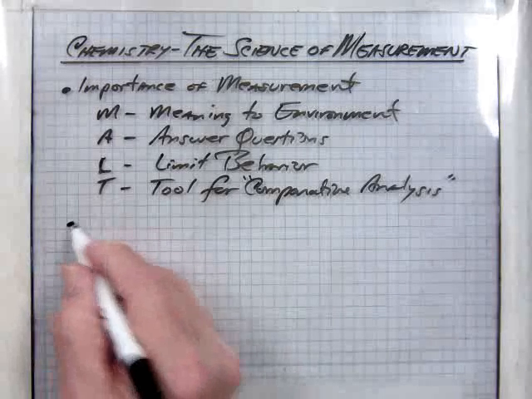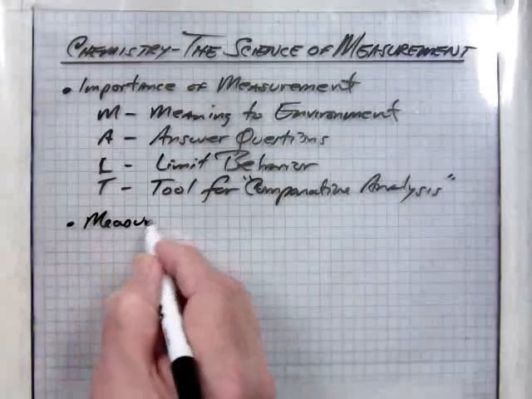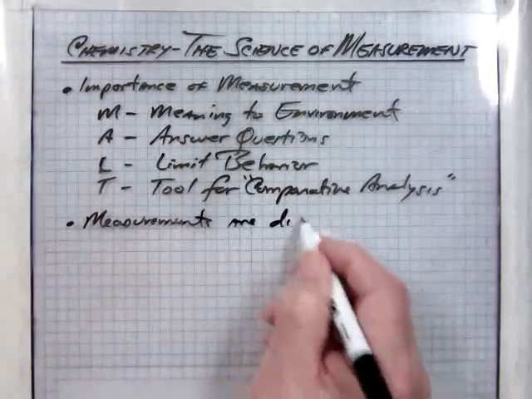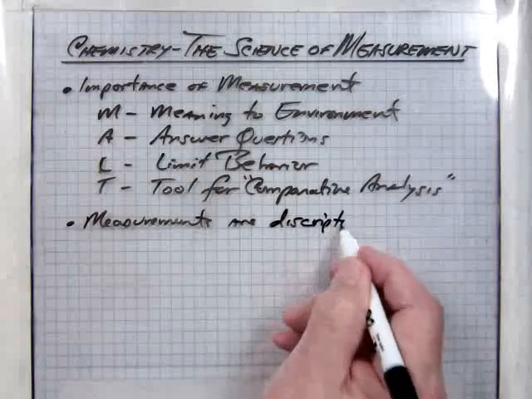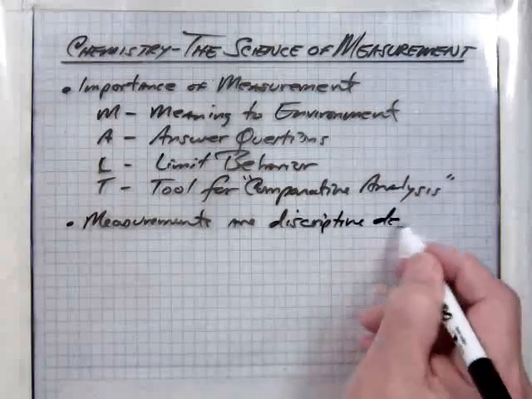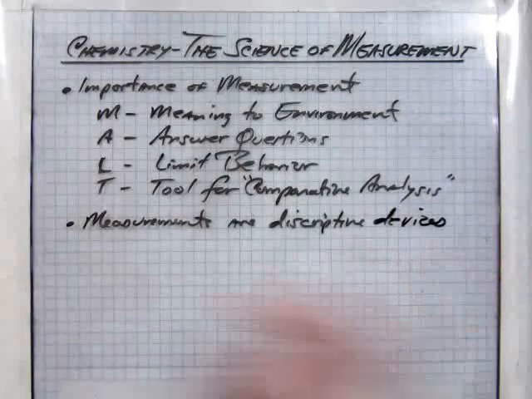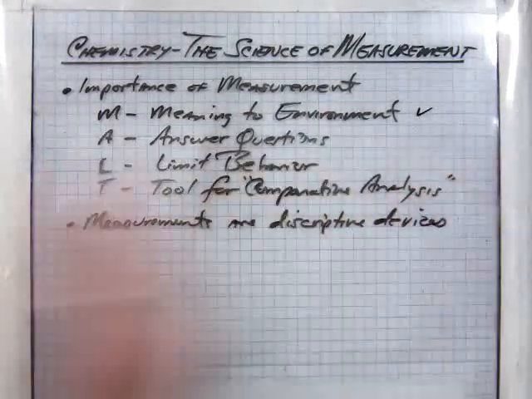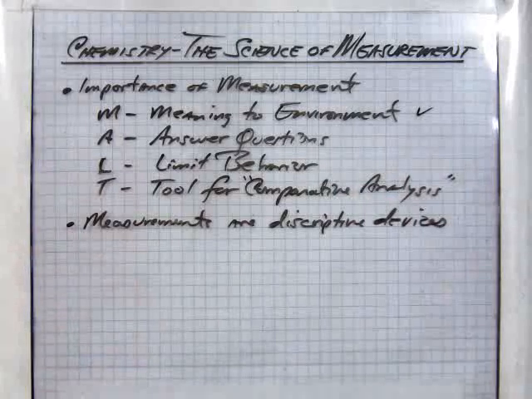Measurements are descriptive devices. That is, they have to give meaning, like I said up here, to whatever we're studying. That is, they give meaning to the object of interest.